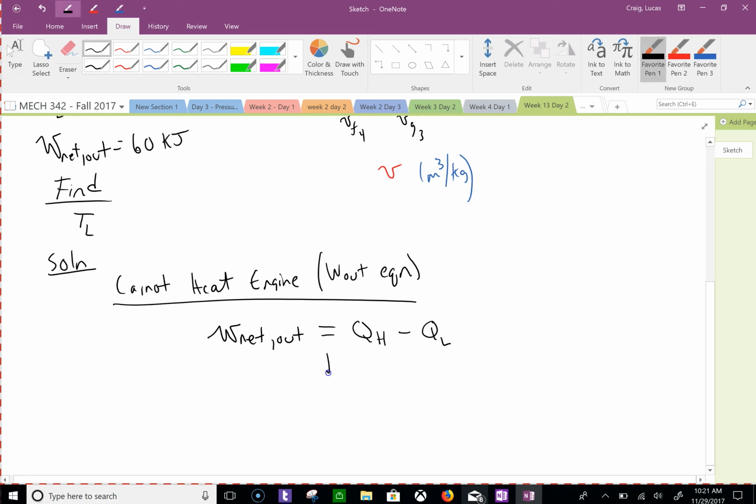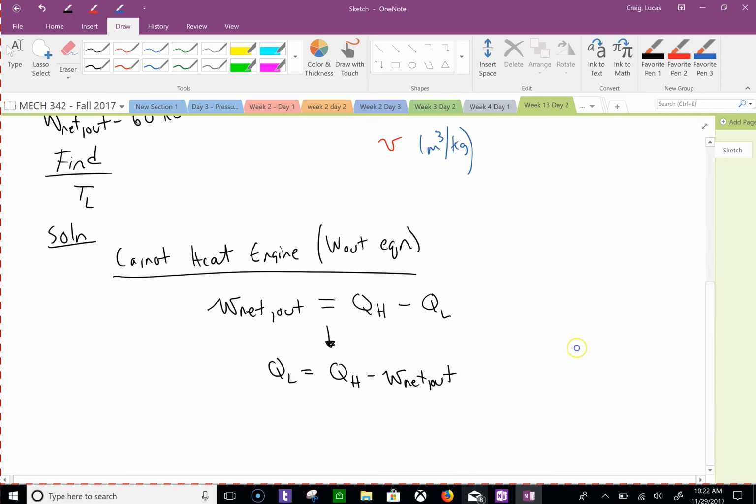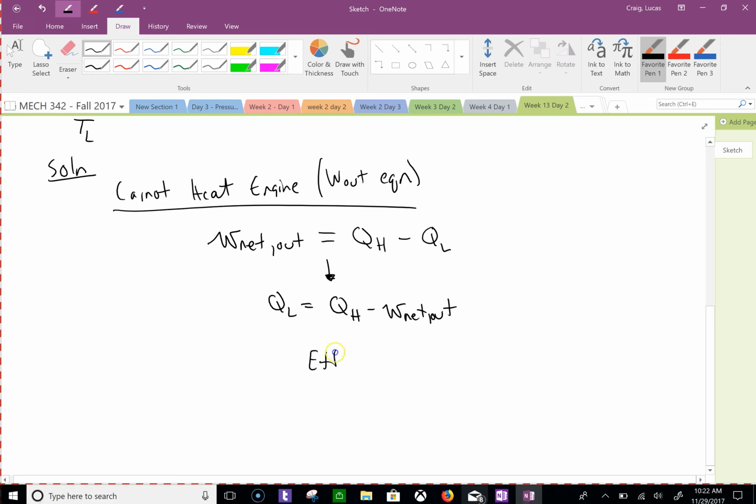So I wrote this down to help you because we're going to look for QL. Because that is how we need to find TL. Okay? So we need QL. We need this QL to end up finding what the temperature is. What other equation can we use? Because we need to find QH now, right? But there's some other equation we can use. We can use the efficiency equation.